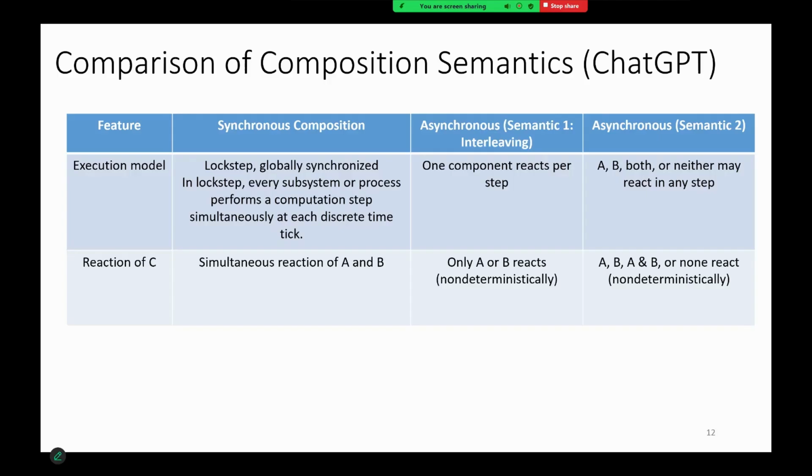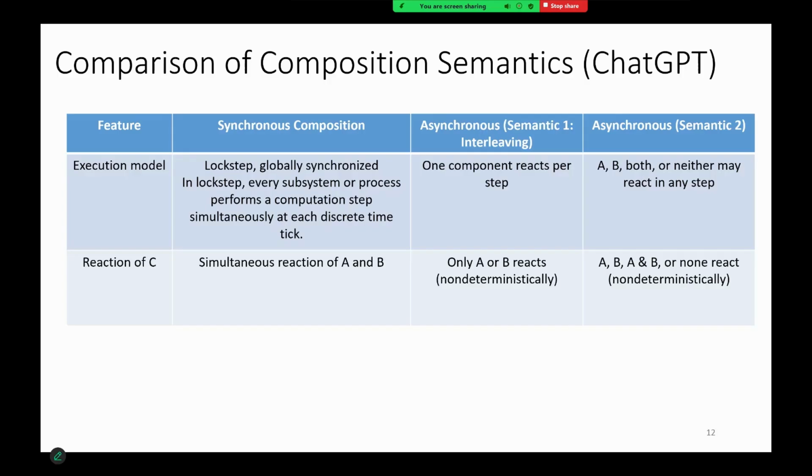So if you remember before the break, we talked about this nice table from ChatGPT that summarizes what we have learned so far: the synchronous composition, the asynchronous, semantic 1 interleaving, and semantic 2. In the synchronous, both A and B act simultaneously.